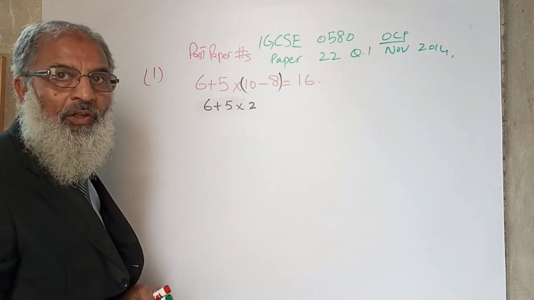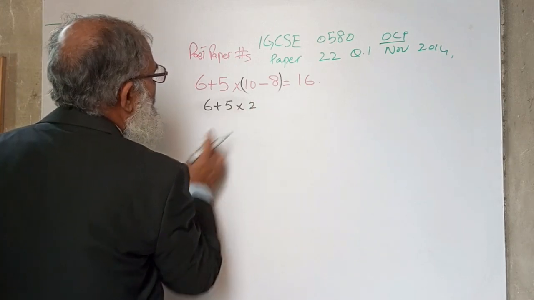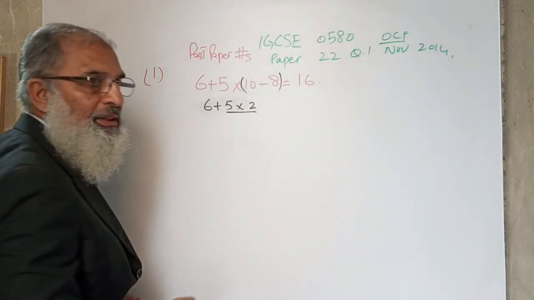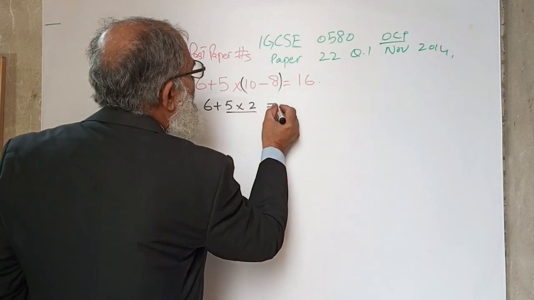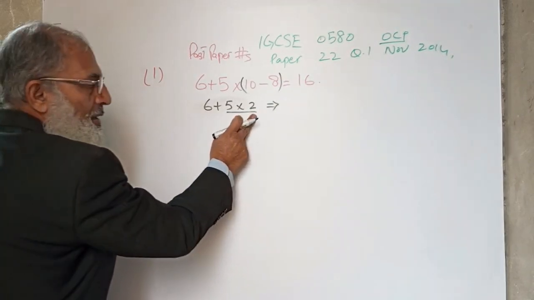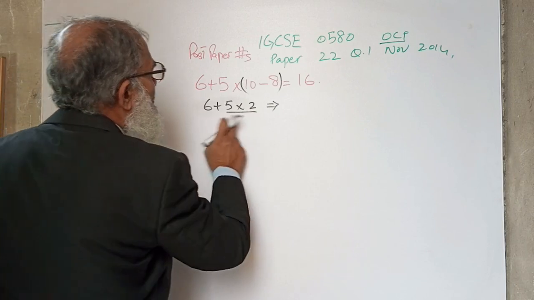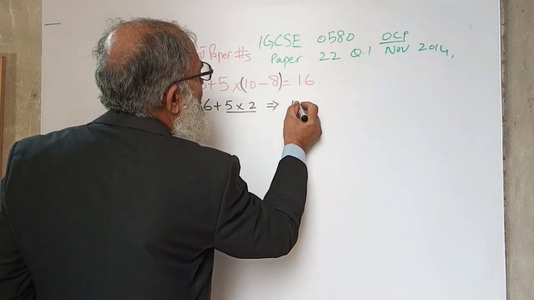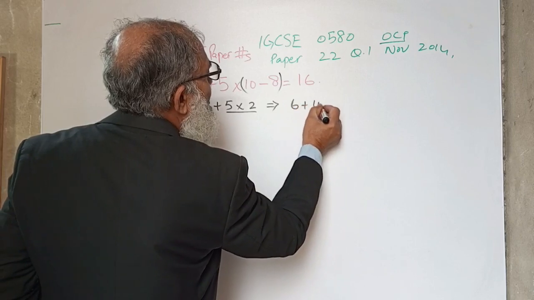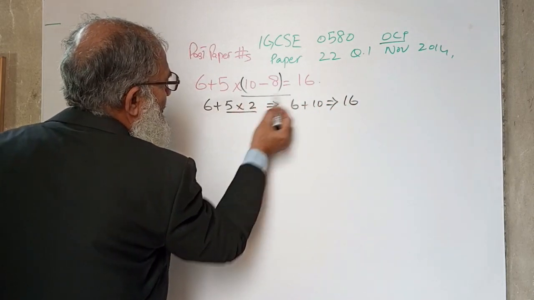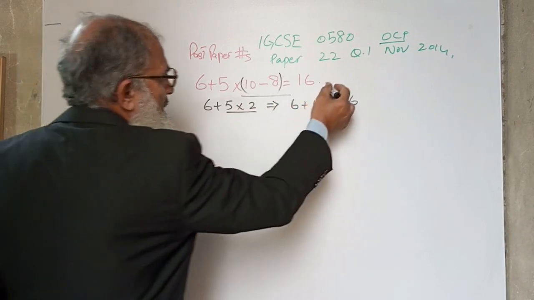We have already solved the bracket. We have to abide by the BODMAS rule, so it becomes 10, and 10 plus 6 is 16. So our bracket at this place is correct.